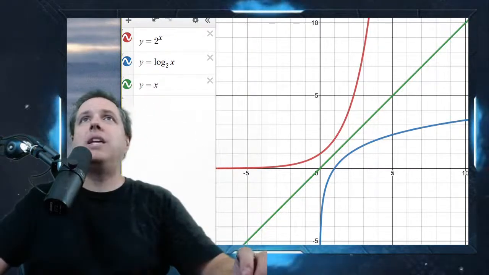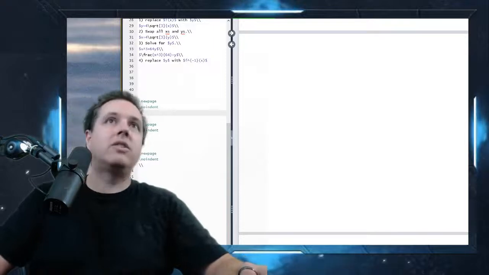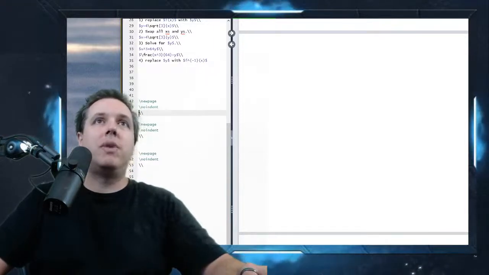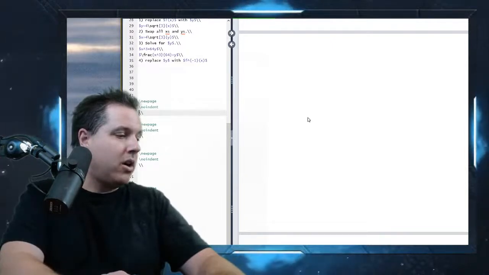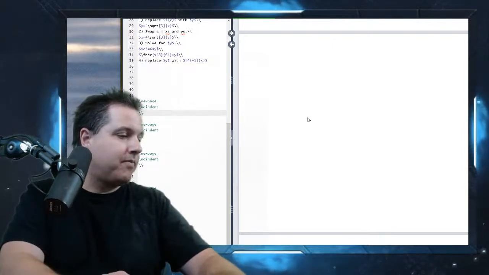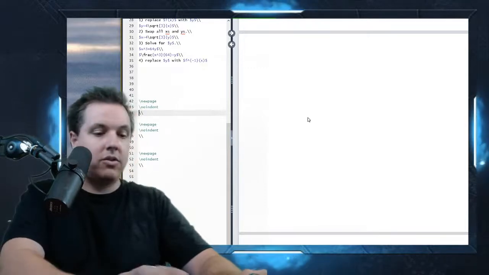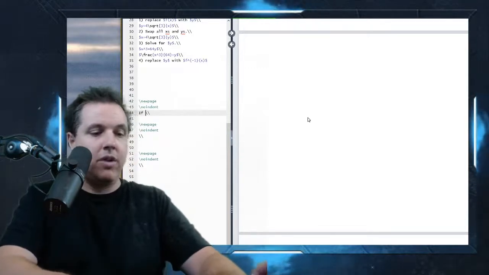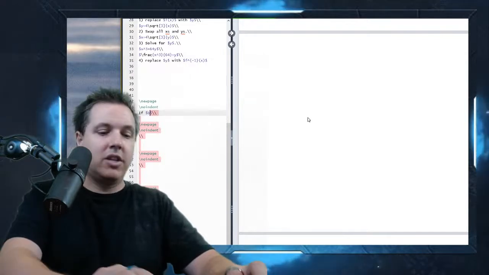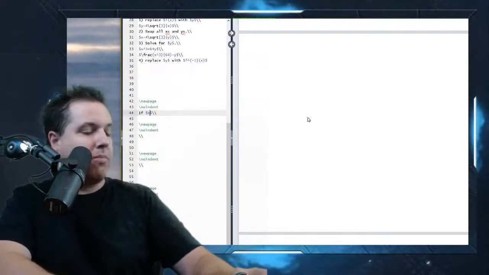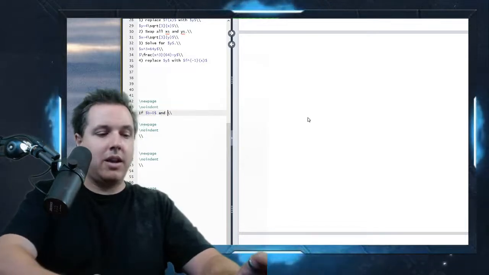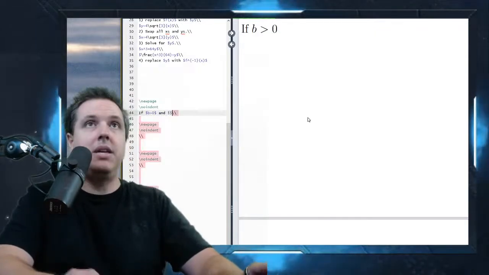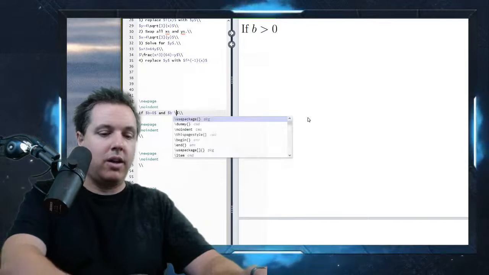Okay, so what is a logarithm? All right, so I'm going to have to look over to make sure I don't mess up this definition. Right, so if we have some conditions, we have this value b, which is going to be our base, has to be greater than 0, and also b cannot be equal to 1.